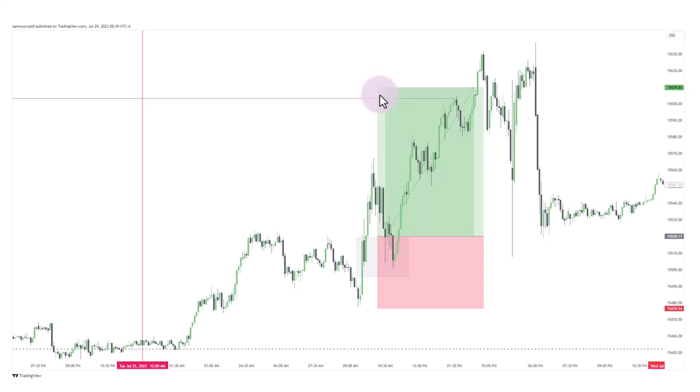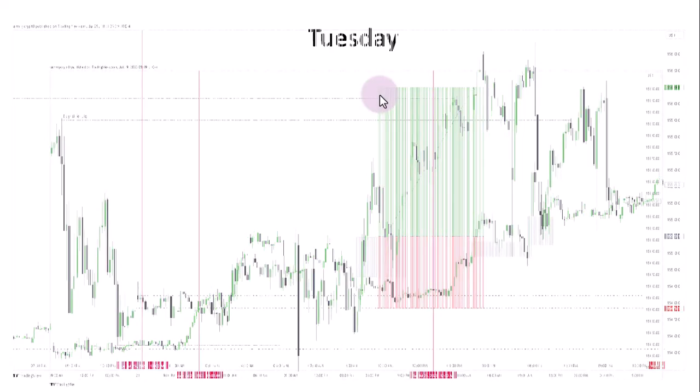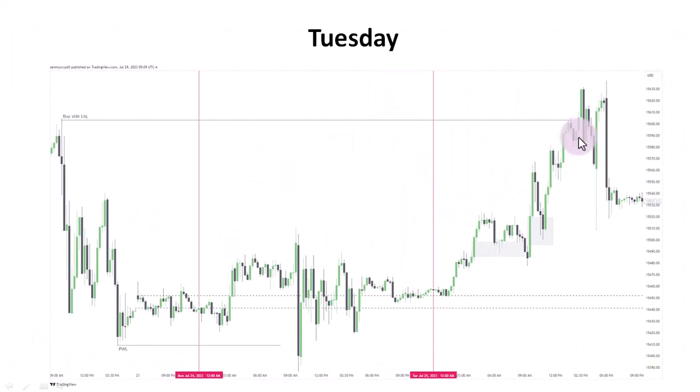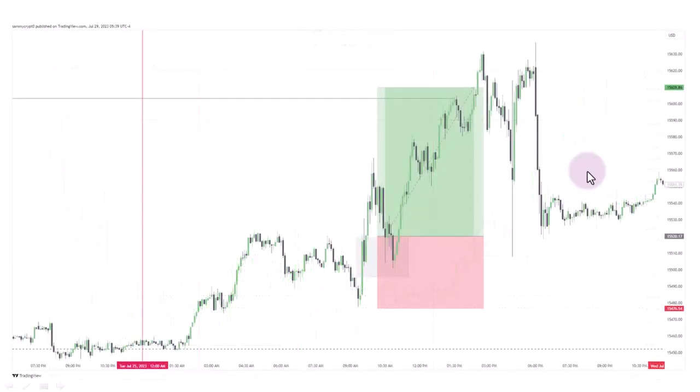So I waited for the intraday AMD on the New York session, which was this. And instead of waiting, this is 5 minutes, right? Instead of waiting for the entry model, which was this unicorn entry here, placing my trade here and just taking profit here, you can see that's not enough.